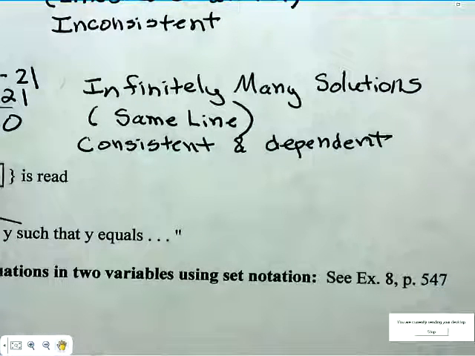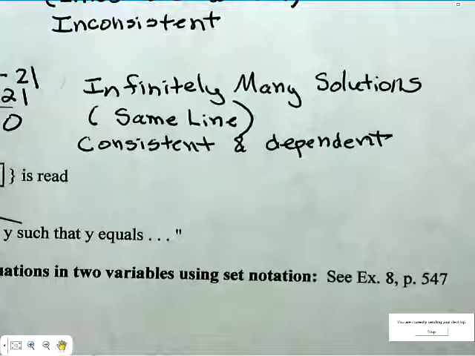But in my math lab, there's going to be one other box, and I'm going to show you what to put in that box. I can't remember exactly how it's laid out. I think the directions are solve the system. If it is consistent and has one solution, type the ordered pair.